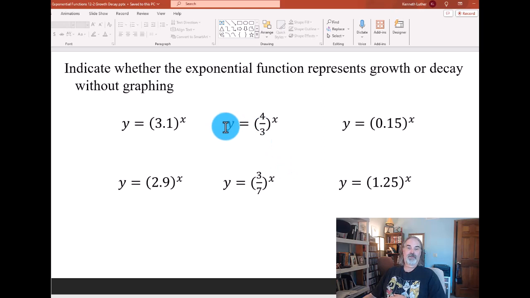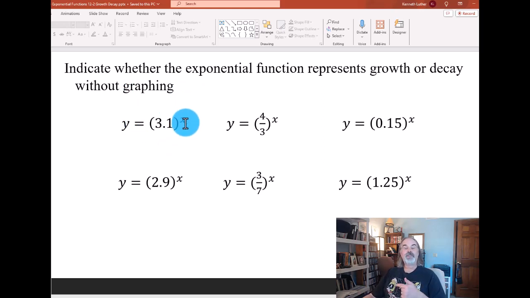So here are just some random grabs of exponential functions, and our job is to scan them and decide which one's growth and which one's decay. And remember, it's whether the base is bigger than 1 or less than 1. So this upper left version, 3.1 to the x, well, the base is 3.1, that's bigger than 1, which means that as x gets bigger and bigger, like 3.1 squared, 3.1 cubed, the value overall is getting larger and larger.